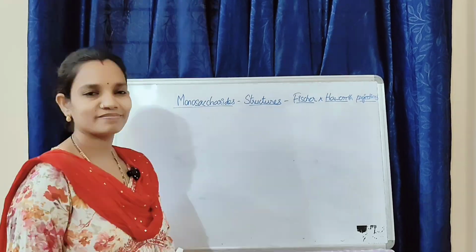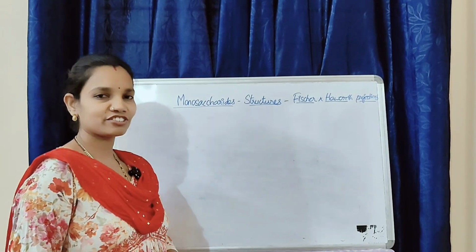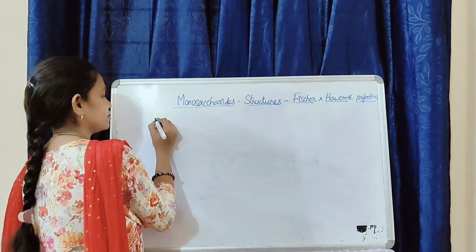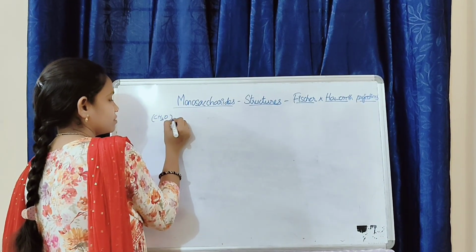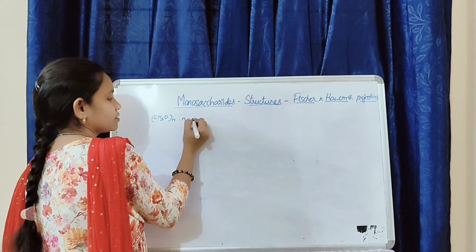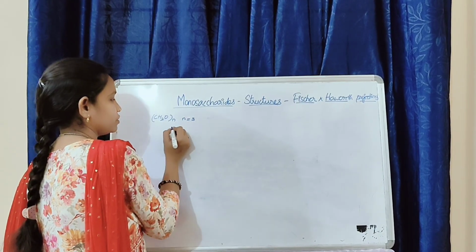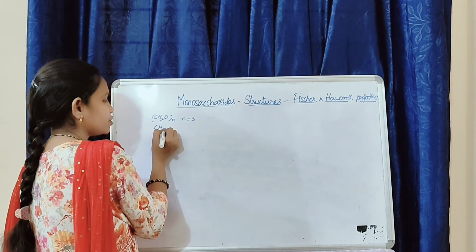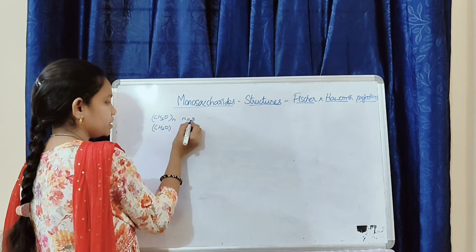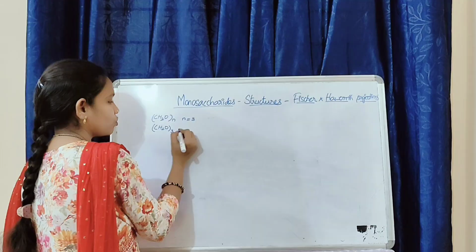Is it clear? Now let's learn the structures of monosaccharides. First, we'll start with n with 3 number. So n is equal to 3 means substitute these 3 in (CH2O)n. So you'll get what?